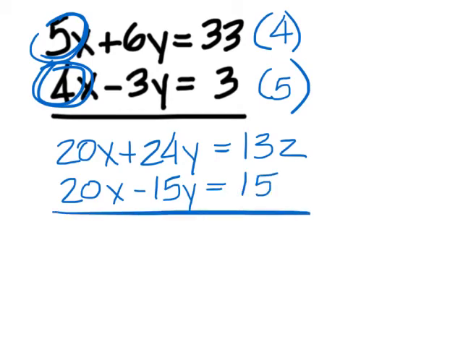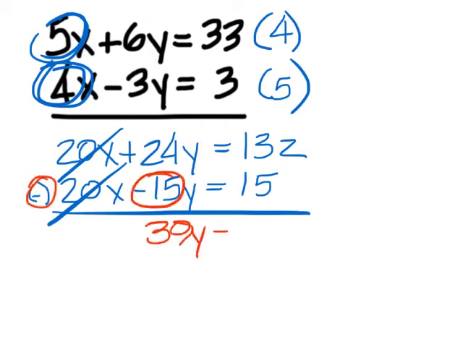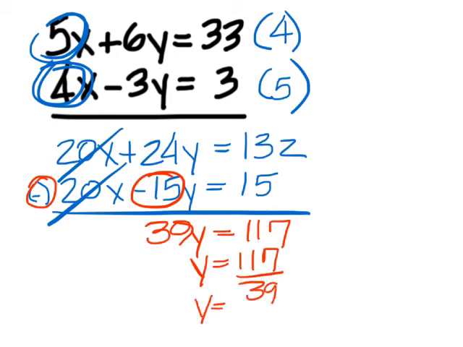All right, add or subtract. We should subtract. And that would get rid of the 20s. And then we'll have 24 minus a negative 15. That would be 39. And 132 minus 15 is 117. If you divide, you'll end up with 3.